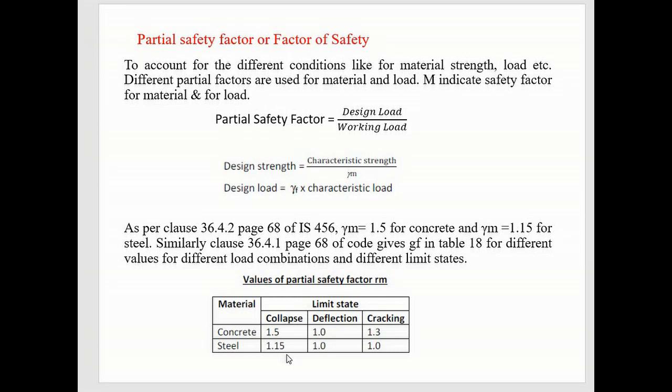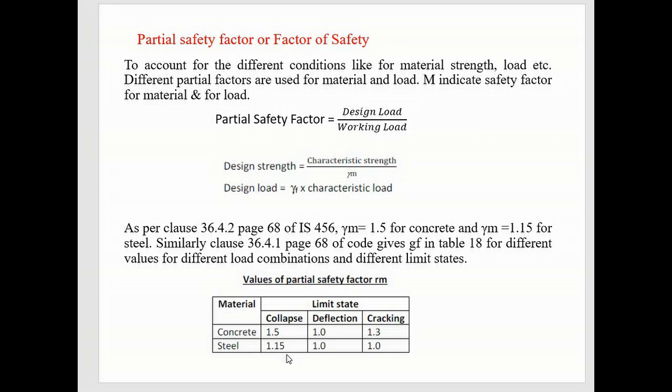We should take partial safety factor for working load, because in limit state design we are not considering the working load for the design. We are considering a design load. That means whatever working load we have, more than that we are considering the design load.